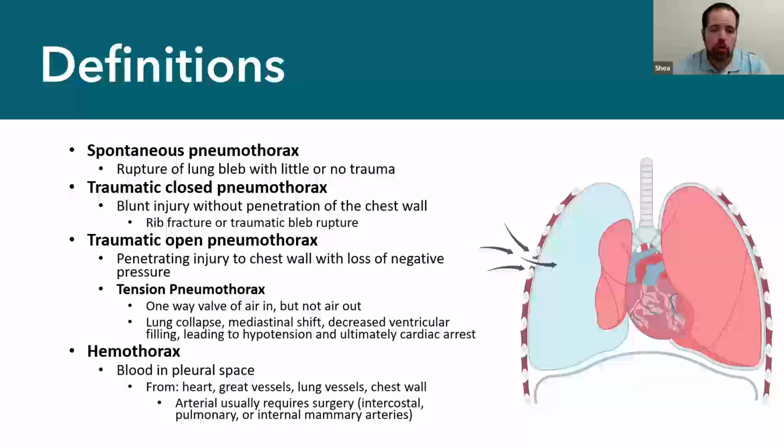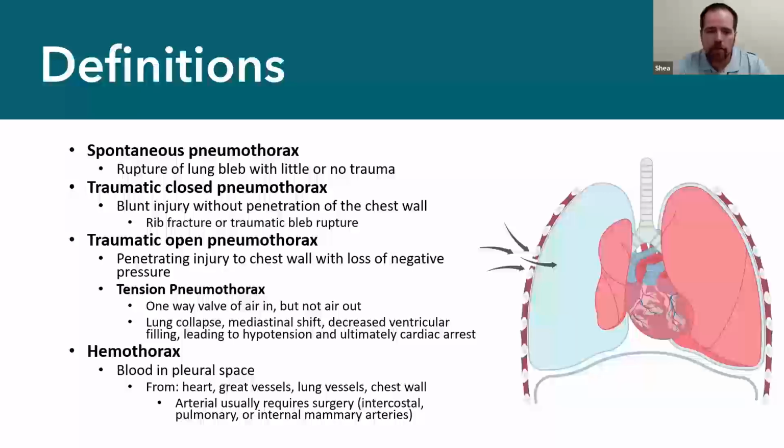The reason we get hypotension and cardiac arrest is that we decrease our cardiac filling and ultimately our cardiac output. It pushes on the right ventricle, the weaker of the two ventricles, so the blood can't fill correctly, you can't pump your blood the way you need to, and your blood pressure tanks. Ultimately this can be the cause of death for somebody with a penetrating open pneumothorax.